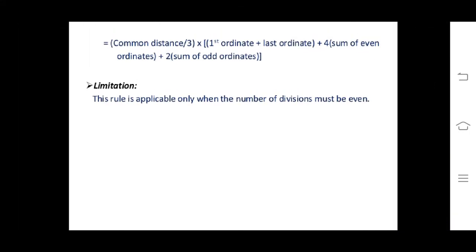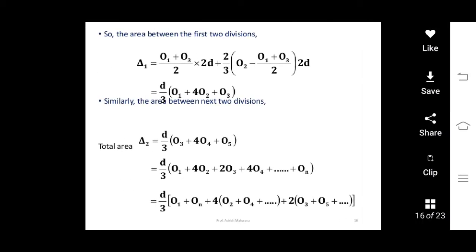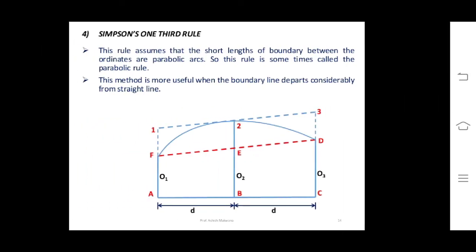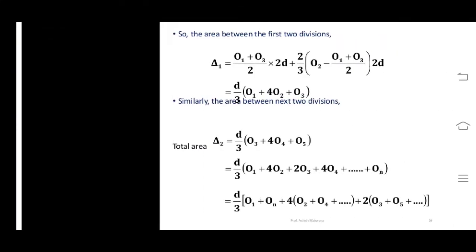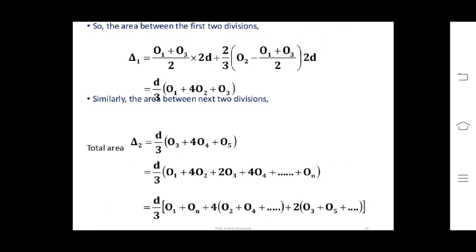Now common distance by 3 into (first ordinate plus last ordinate plus 4 times sum of even ordinates plus 2 times sum of all odd ordinates) will give the area by this rule of parabolic shape or by Simpson's one-third rule formula.